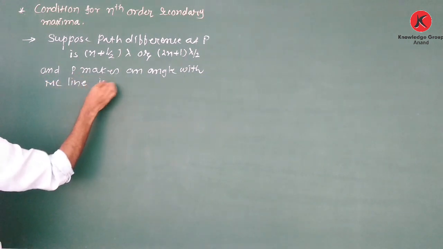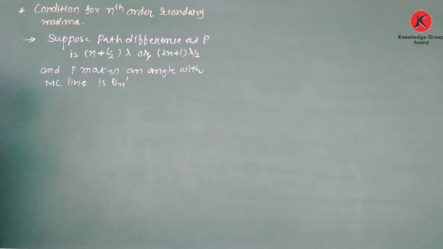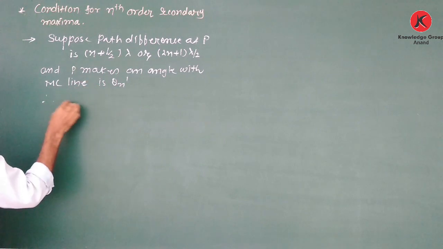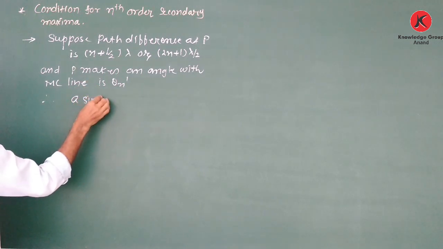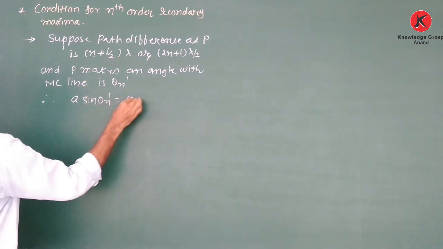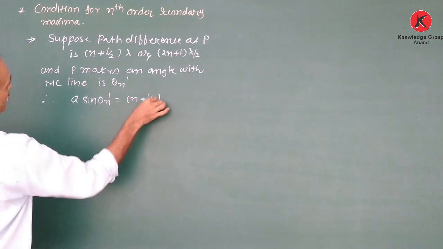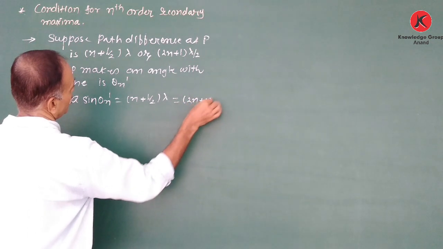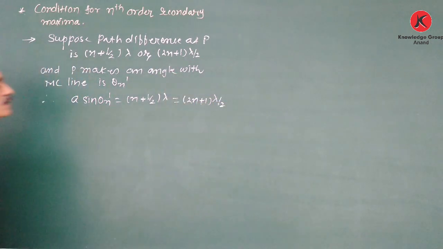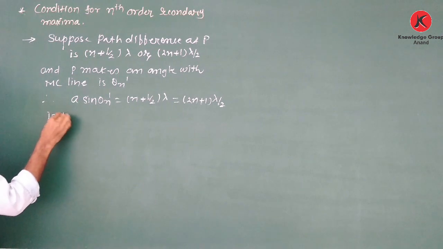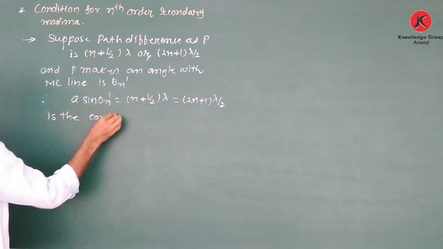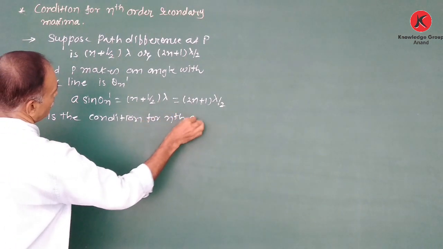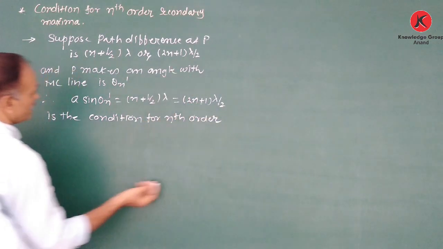Therefore, a sin theta n dash is equal to n plus 1 by 2 into lambda, or 2n plus 1 into lambda by 2. This is the condition for nth order secondary maxima.